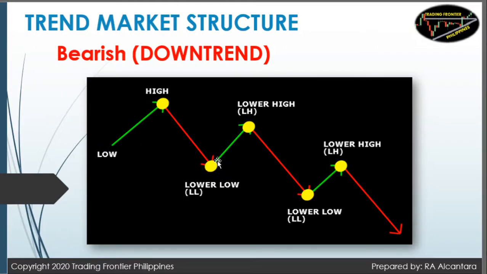And then after that, the price formed a lower high, which means the price moved upward but to a level lower than your previous high, and so on and so forth. So this is an ideal bearish or downtrend market. That is how we read market structure.